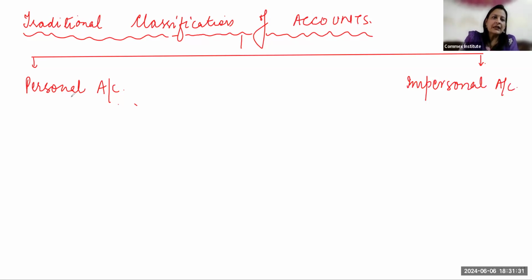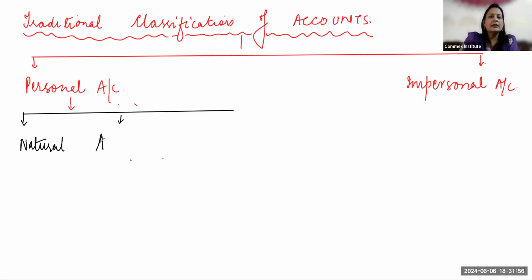Now, within personal accounts, we have got three types of accounts, and that is natural personal accounts, artificial personal accounts, and the representative personal accounts.